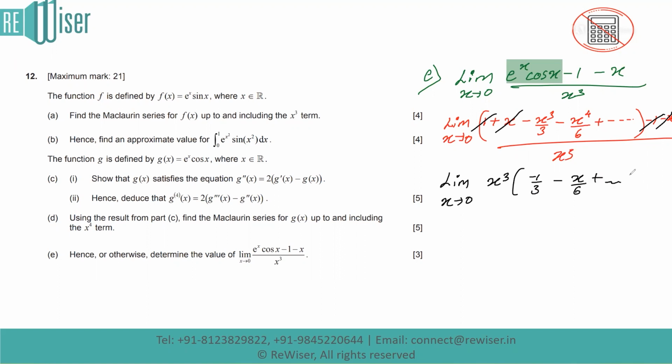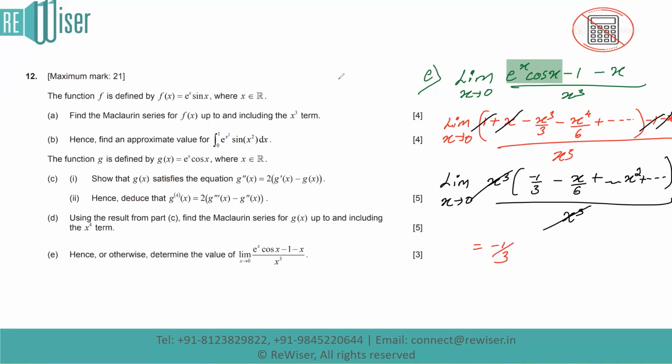The next term would be some constant times x to the power of 2, because the next term could be x power 5 or x power 6, whatever it is. So whatever term I have, all those terms will contain x. Here I can cancel out x cubed and x cubed. Because all the terms excluding the first term contain x, when you put the limit, all those terms will become 0. So that's why the final answer is negative 1 over 3.